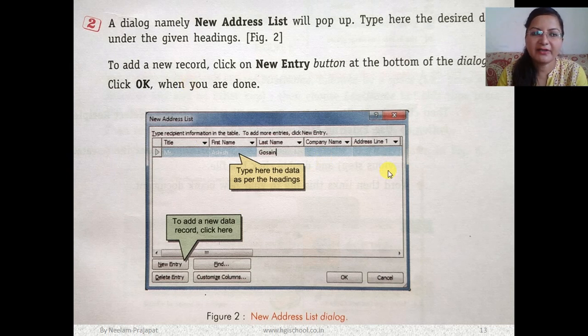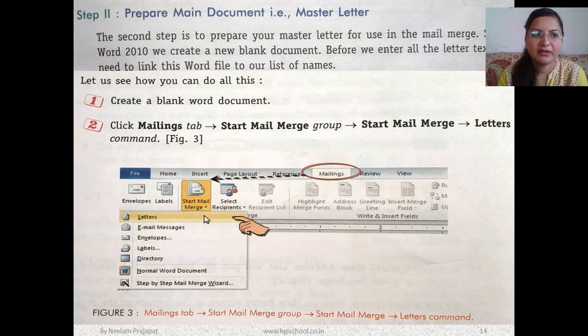After completing a row you have to click on the new entry button so that you can insert another row. After entering the second row you have to again click on new entry. For every new entry you have to click on the new entry button, and after you have filled all the details, you can click on the OK button. Then it will ask you to save. You can save the list.